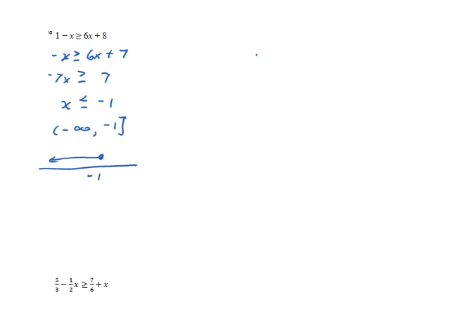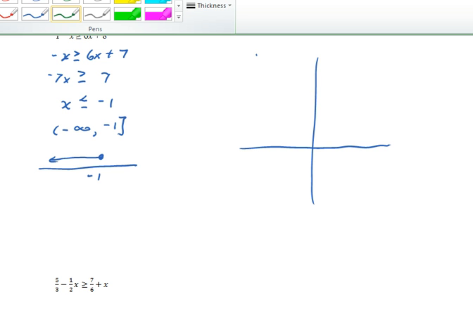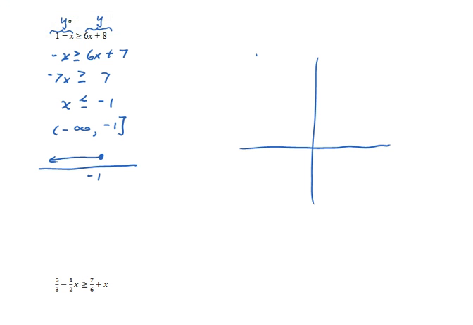This time, I'll graph two different functions, one with y value 1 minus x and one with y value 6x plus 8, to confirm, using our graphs of functions, the result. And so 1 minus x has y-intercept 1 and slope negative 1.